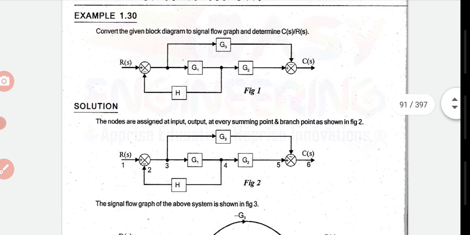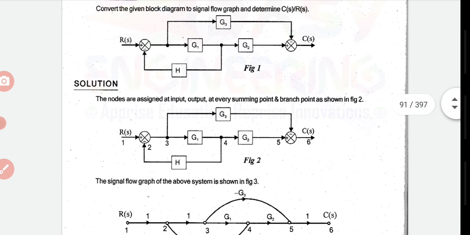So see here we have the example. Convert the given block diagram to the signal flow graph and determine C of S by R of S. This is the block diagram they have given. In the block diagram we have the input, output, summing points, branch points, and the gain values. For determining the overall transfer function, first of all we should convert the block diagram into a signal flow graph.